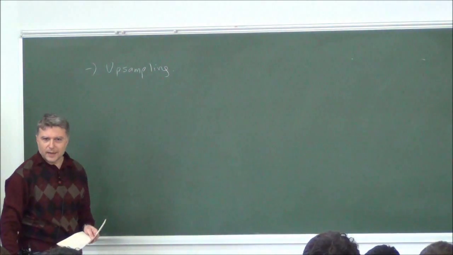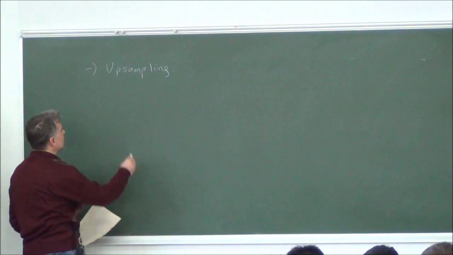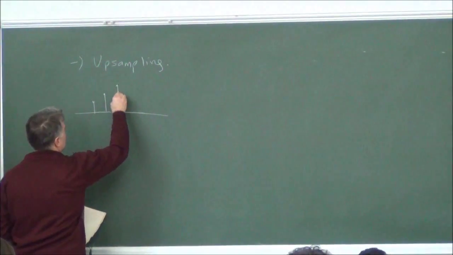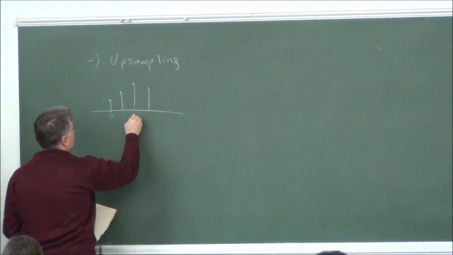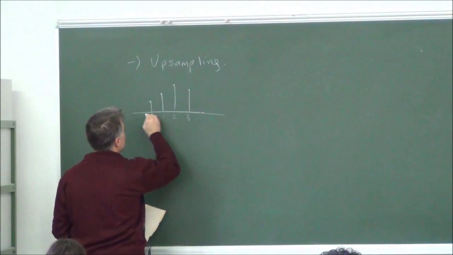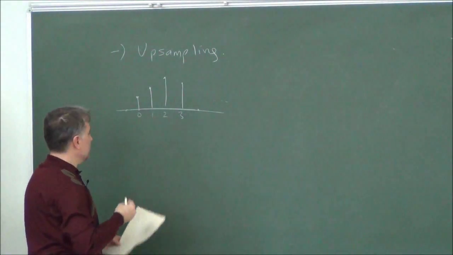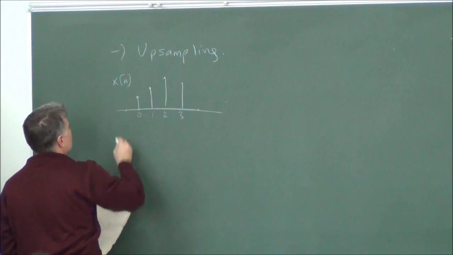What do we mean by upsampling? Upsampling is like this. You have, let's say, a discrete time signal like this. 0, 1, 2, 3, and all the others are 0, let's assume. This is your discrete time signal. Let's call it x of n.